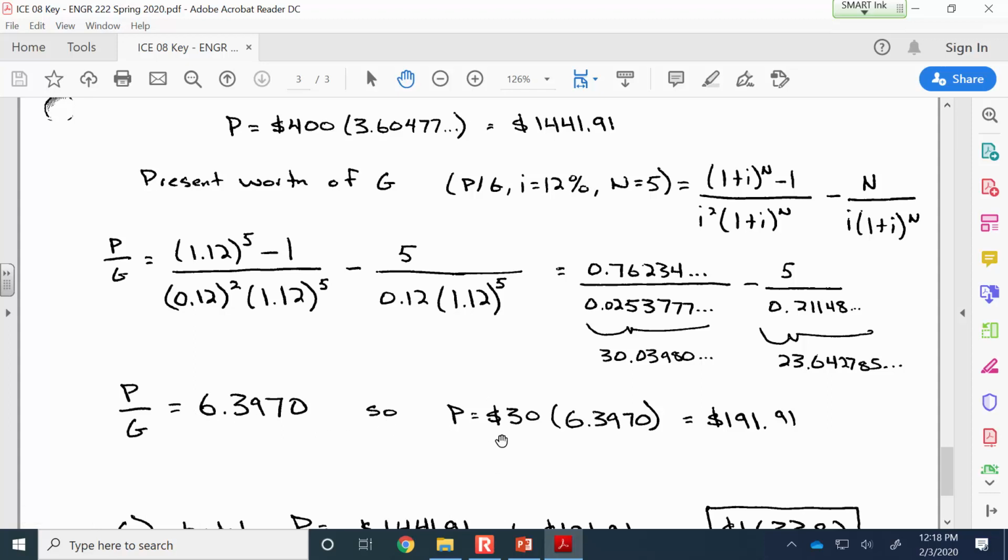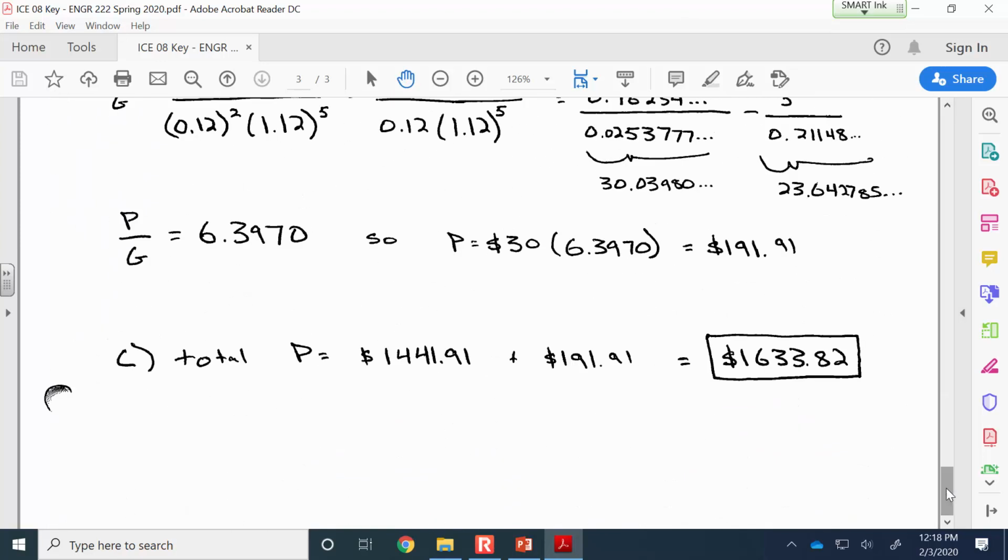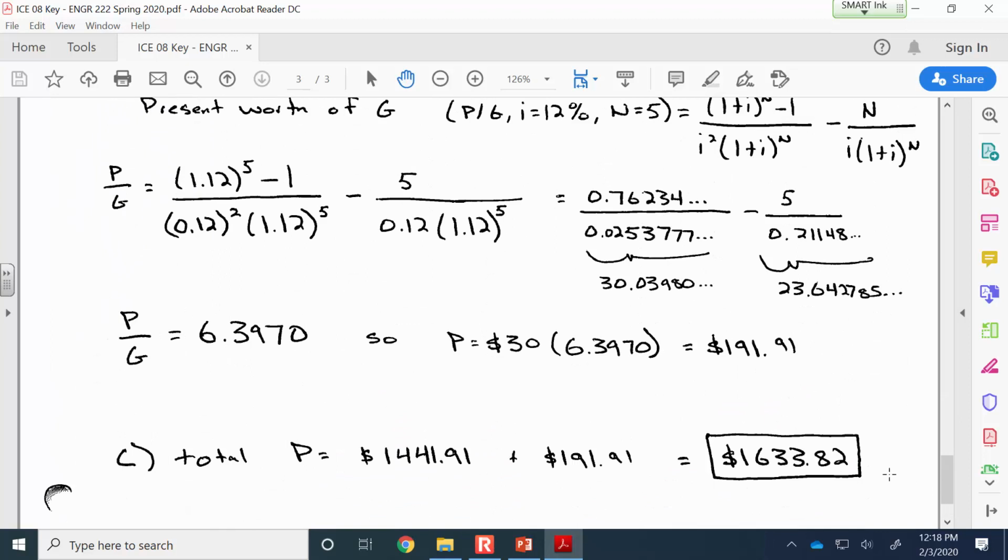And so you multiply that ratio by G. So if G is down here in the denominator, if I move it to the right side, that just means I can multiply the $30, which is G, by the ratio, and that tells me it's $191.91 that I'd have to get today to be economically equivalent to this gradient series over time. And then combining the two components together means it should be $1,633.82.